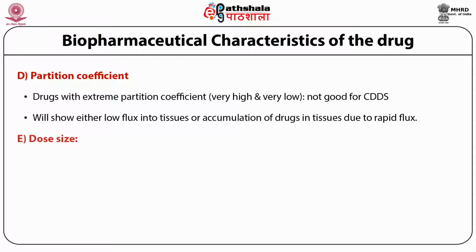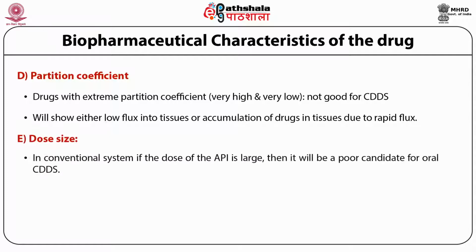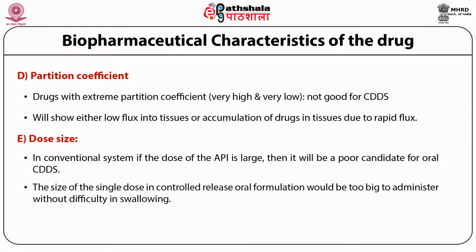Then coming to the dose size. In conventional system, if the dose of the API is large, then it is well taken that this type of drug candidate would not be suitable for a controlled drug delivery system via the oral route. The size of the single dose in the controlled release oral formulation would then be too big to administer without difficulty in swallowing.